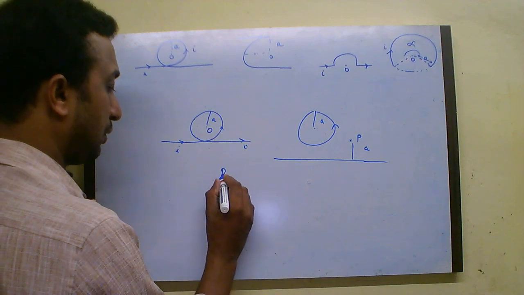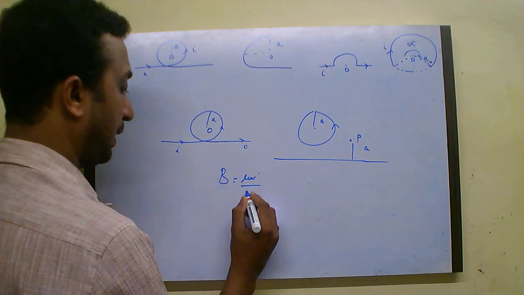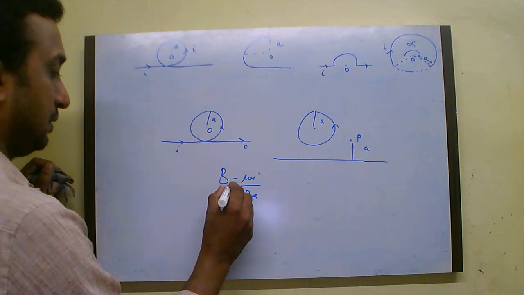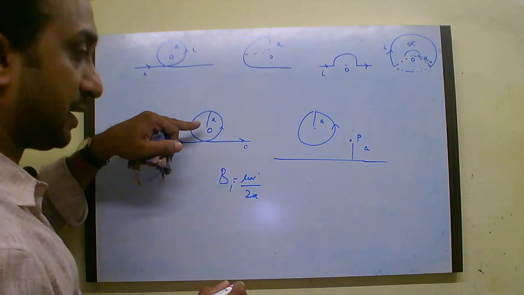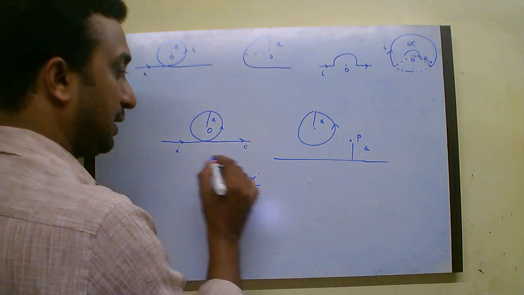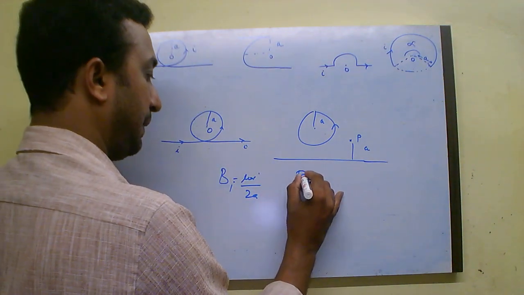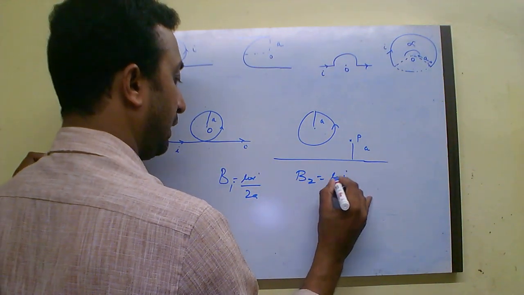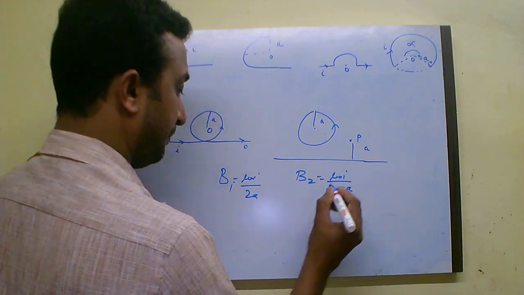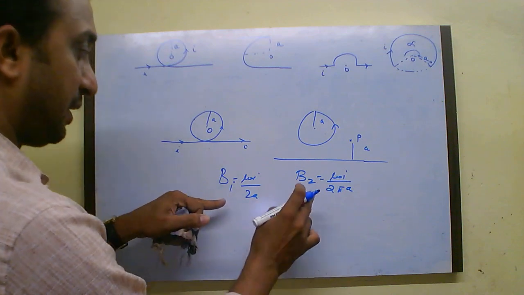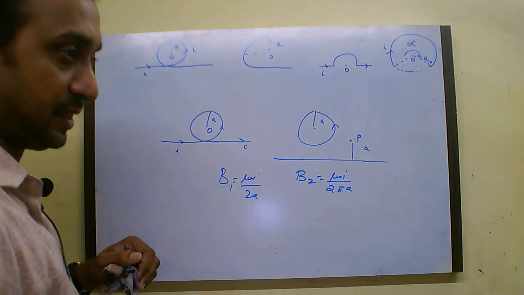B1 due to the circular loop, mu 0 I by 2a. That creates a magnetic field at the center. Similarly, the long wire also creates a field, let it be B2, which is equal to mu 0 I by 2 pi R, and the distance here is also A. So both magnetic fields are present at the center.